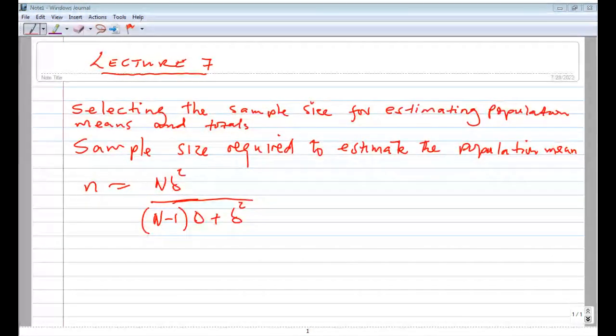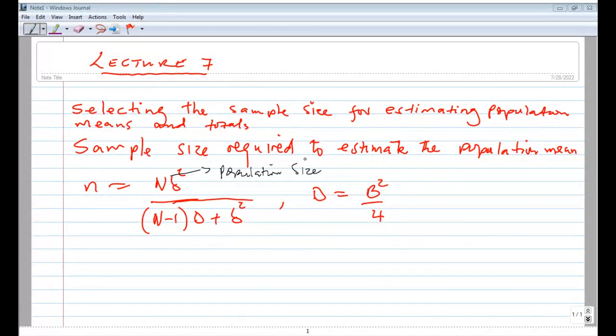Where D in this regard is equal to B squared over 4. And then you know that the capital letter N stands for the population size, isn't it? Sir, yes. What's that potato-like symbol there?